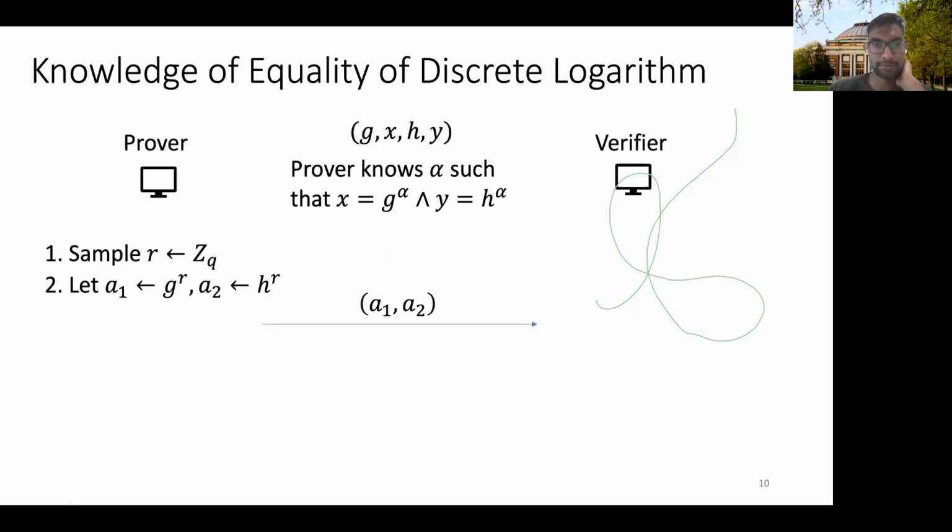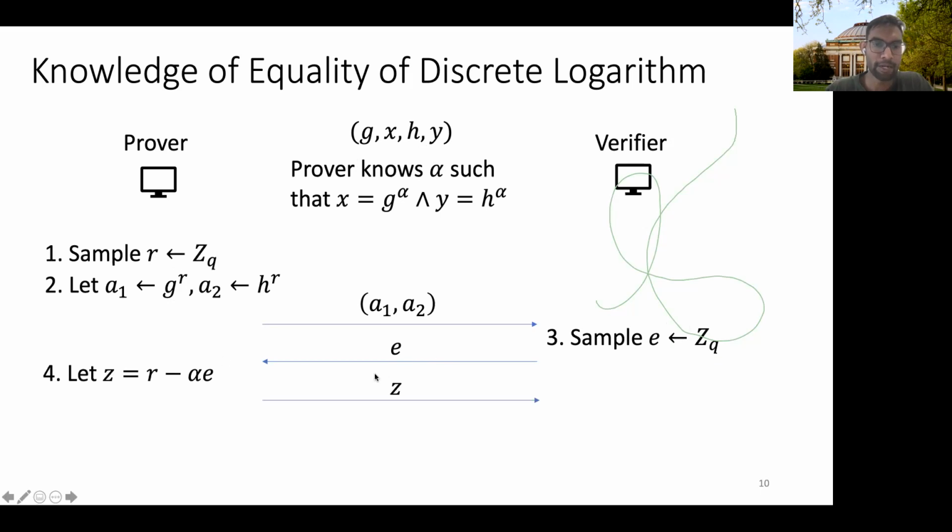This is one of the standard techniques. It's called the Chaum-Pedersen sigma protocol, I think. And the protocol is as follows. The prover samples a random field element R and computes A1, which is G raised to the R, A2, which is H raised to the R, and sends A1 and A2 to the verifier. The verifier will sample a challenge, which is E, and send back the challenge to the prover.